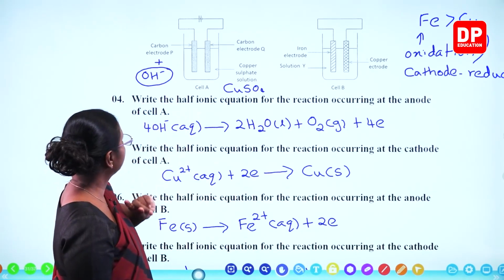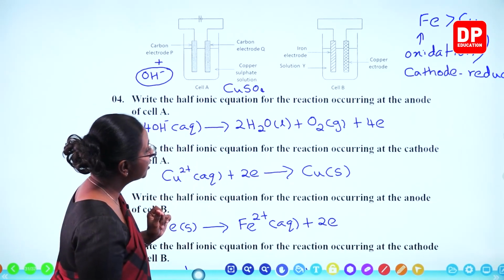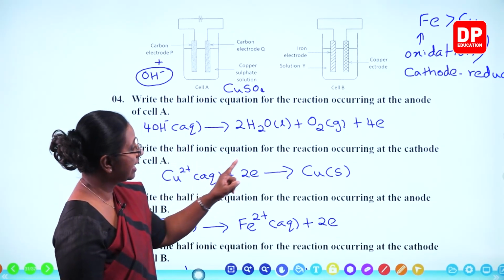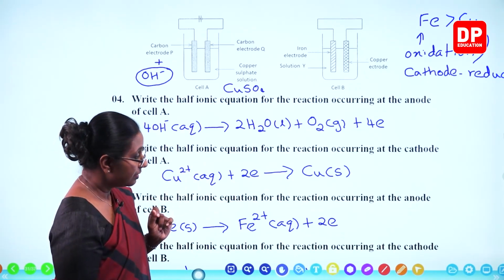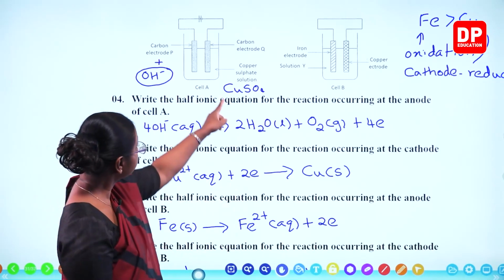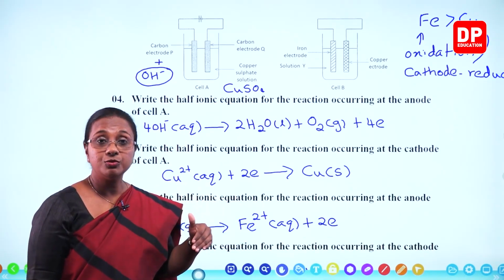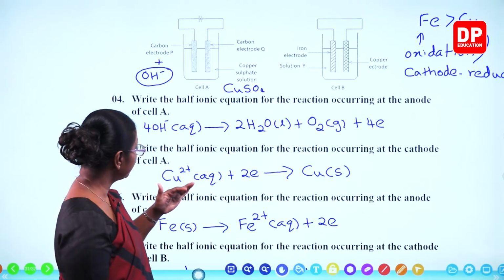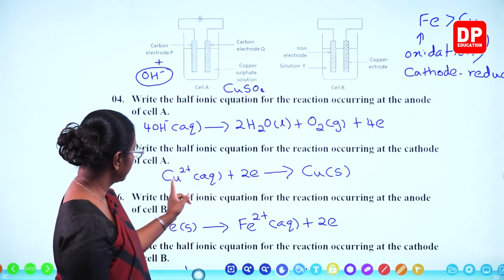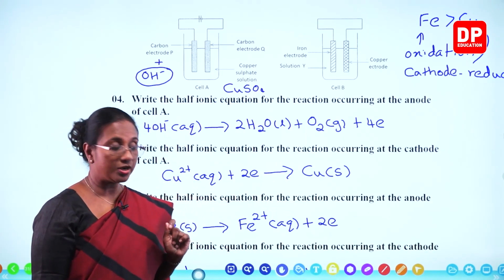So here, if we write the equation, OH- aqueous becomes 2H2O liquid plus oxygen gas and 4 electrons. Then the reaction at the cathode. Cu2+ ions and H+ ions are there. Cu2+ is less reactive, lower in the activity series. Because of that, that gets reduced. Cu2+ aqueous plus 2 electrons giving copper solid.